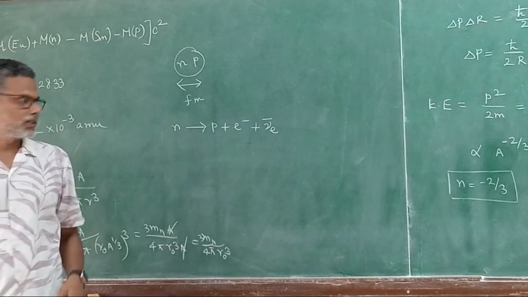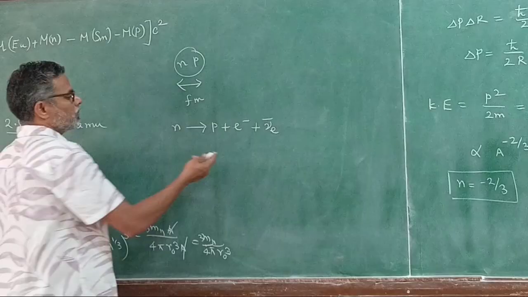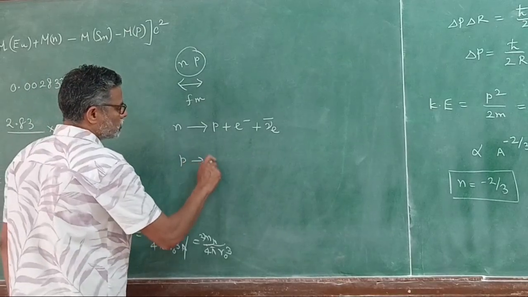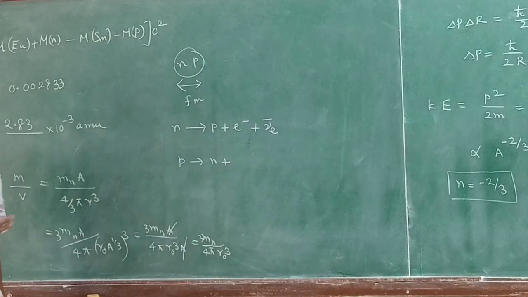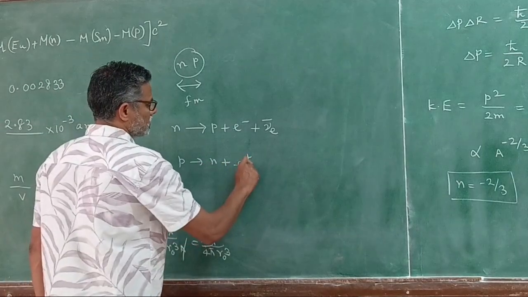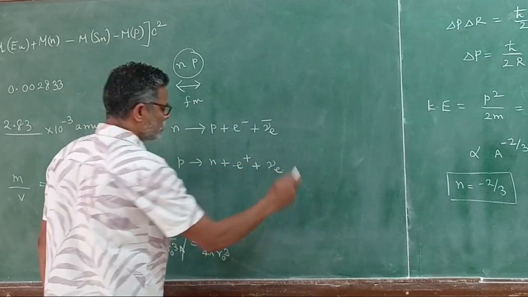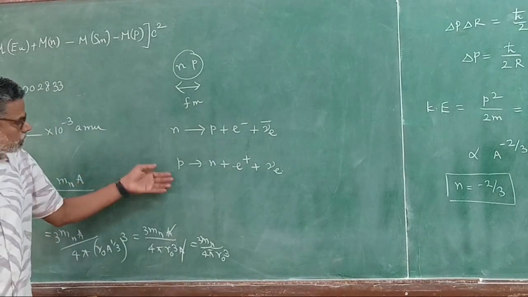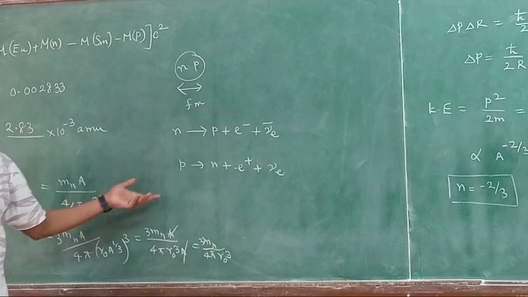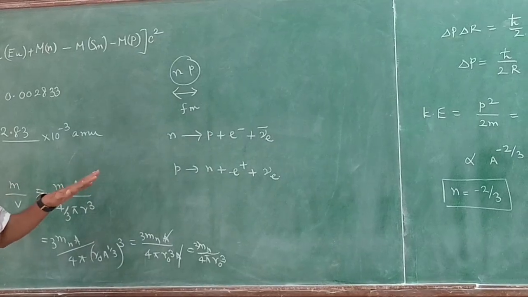What happens if a proton converts into a neutron? Then it comes out as a positron plus a neutrino. In the afternoon session we will discuss which kinds of reactions are possible with all this.